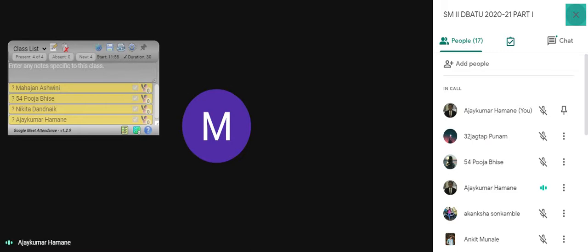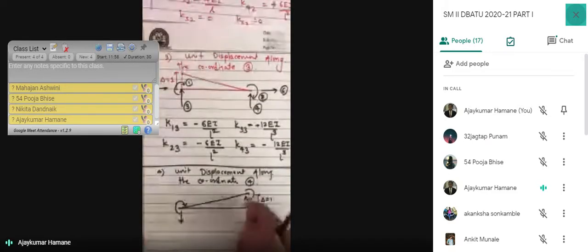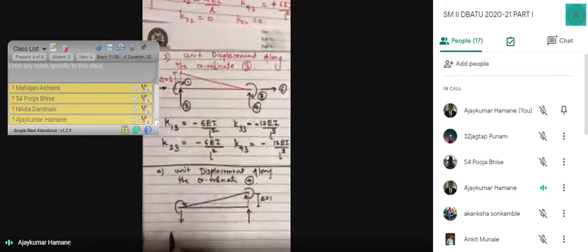Okay, students, now this one. So we apply delta 1 in the upward direction, moments are clockwise. Simple. Now K in the 4 direction. In the 4th coordinate along 4, we have applied K14. K14 is clockwise, plus 6EI by L square. K24 clockwise, 6EI by L square.